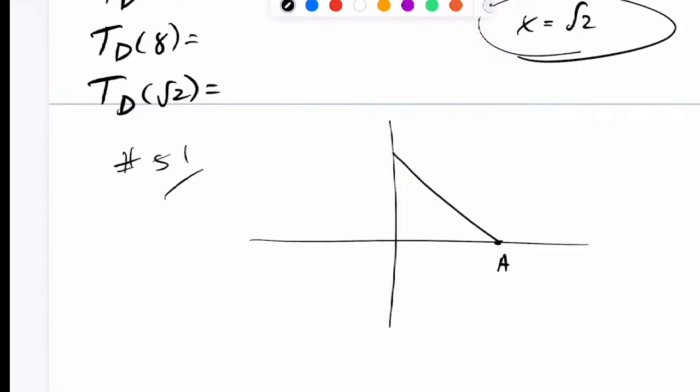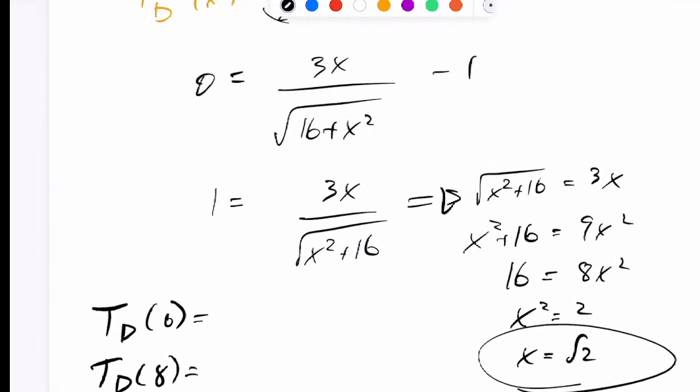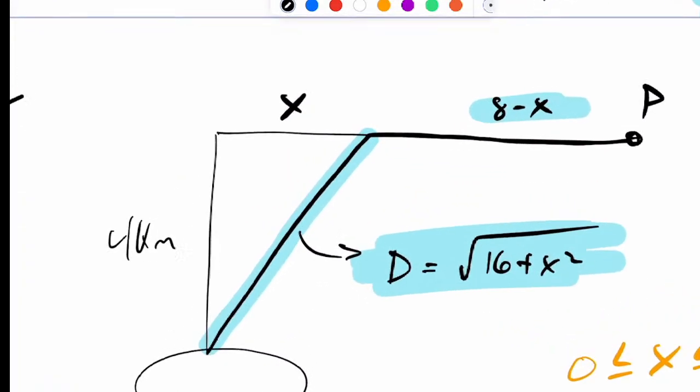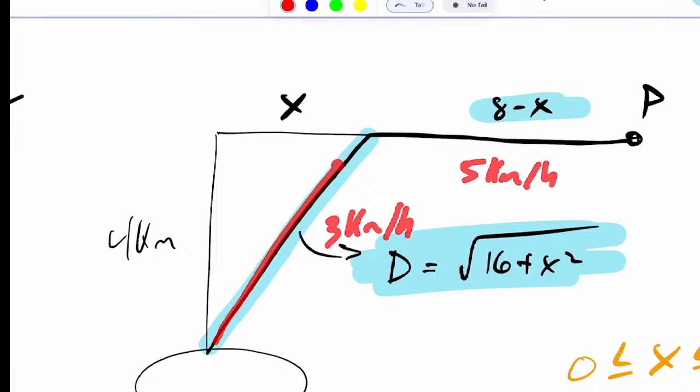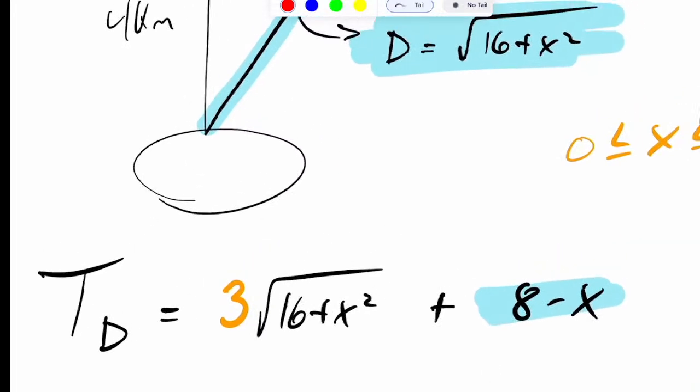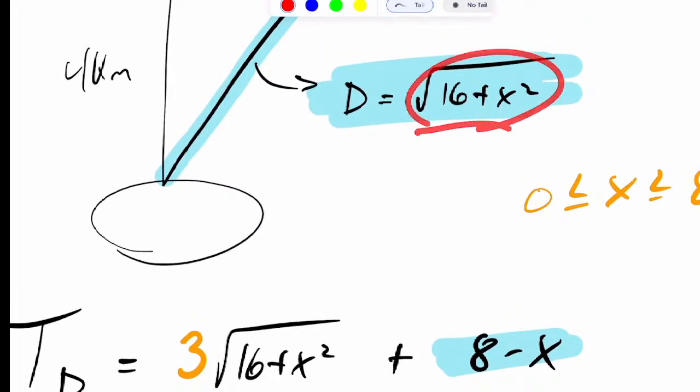Sure. Hey, quickly, with the velocity question, it's like the exact same question, except I think this was 3 kilometers and 5 kilometers. Instead of the thing of importance being money, like minimizing cost, we want to minimize time. To minimize time, you take distance divided by speed.